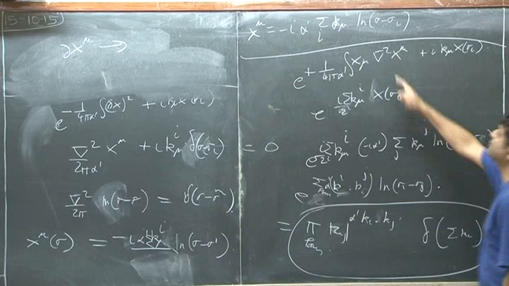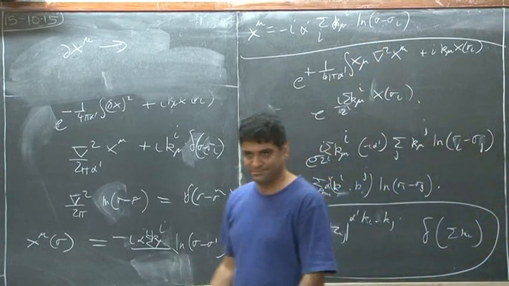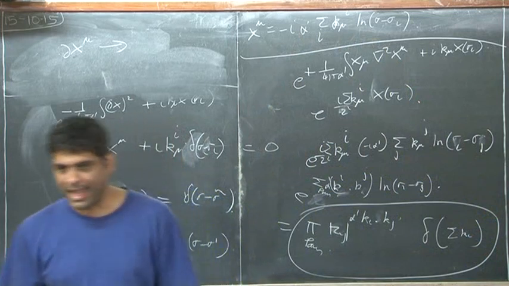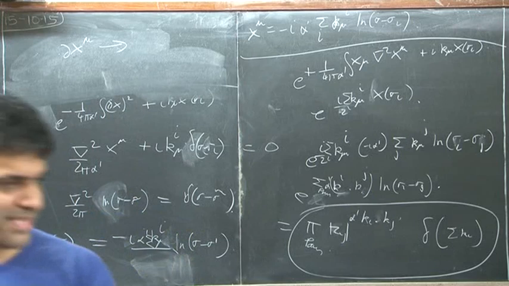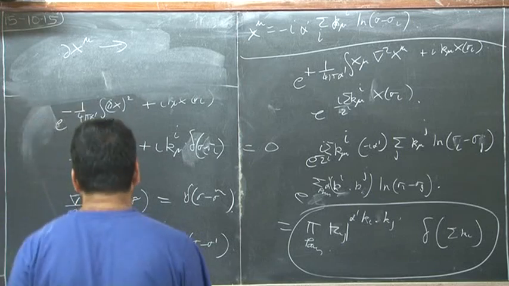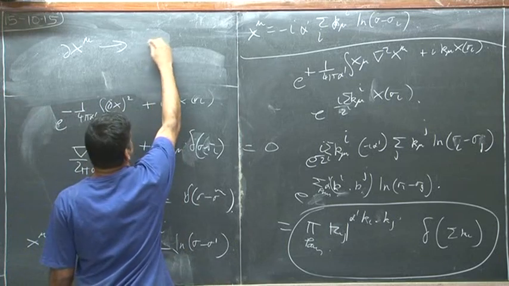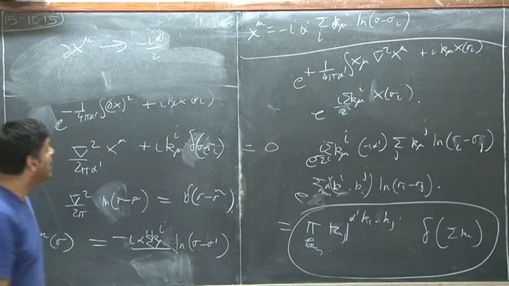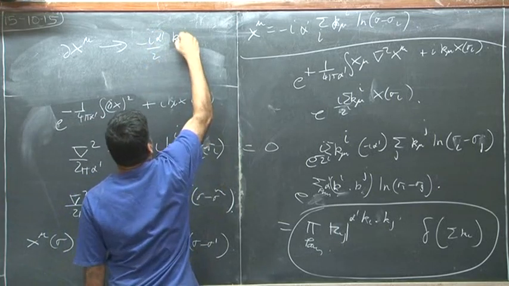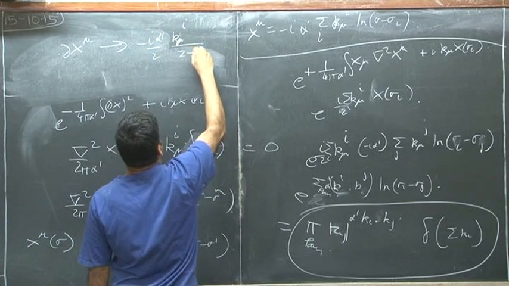So if we want del x, we could write this as log of mod z squared by 2. Okay, and then that's z minus z tilde into z bar minus z bar tilde, and then differentiate. So we will get del x mu goes to minus i alpha prime by 2 k mu i over z minus z i.